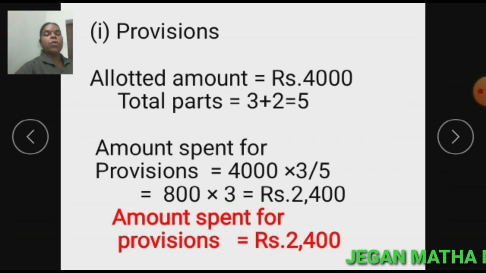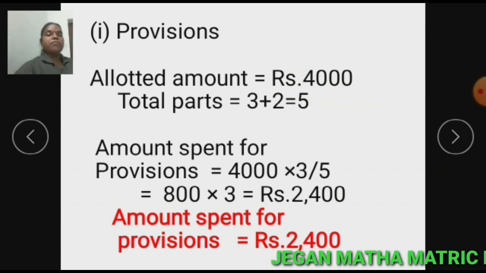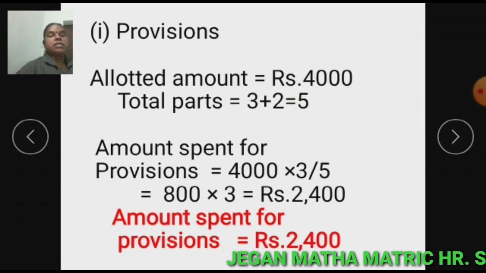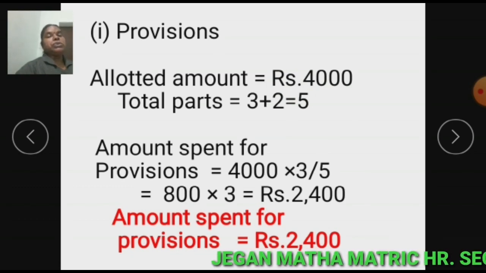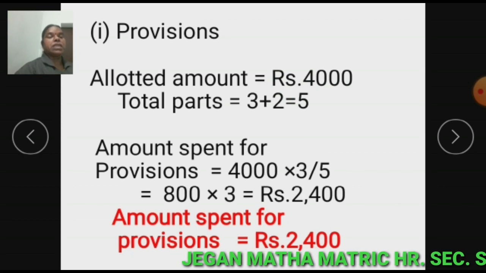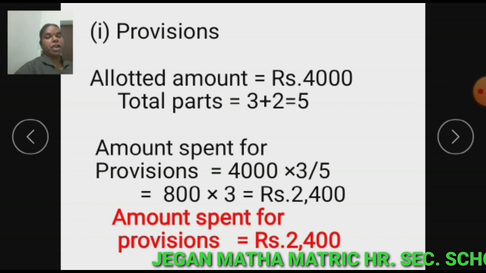The total amount equal to rupees 4,000. The amount spent for buying vegetables and provisions in the ratio 2 plus 3 equal to 5. So total parts equal to 5.